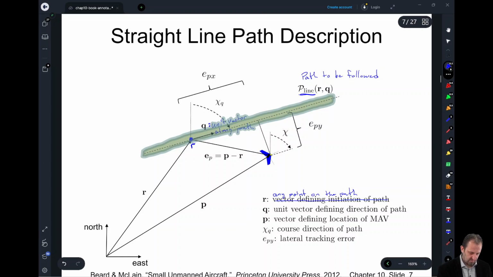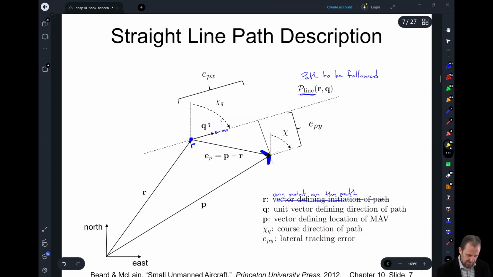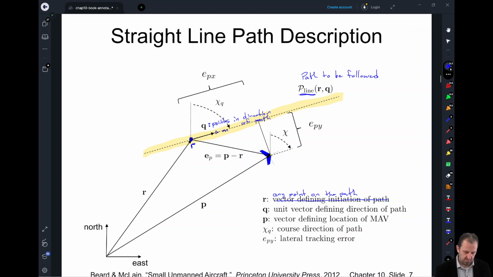Let me highlight our path again. This points in the direction of the path, and we'll let it be a unit vector to make the math just a little bit easier. Then right here, this is our position, p. This is just the position of the aircraft.